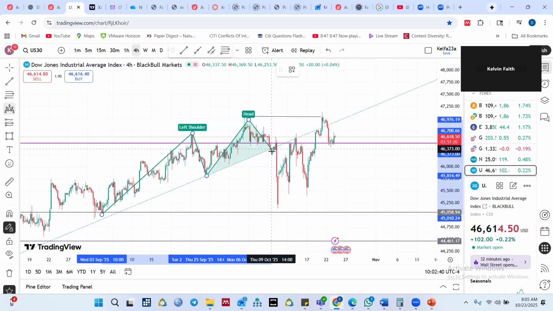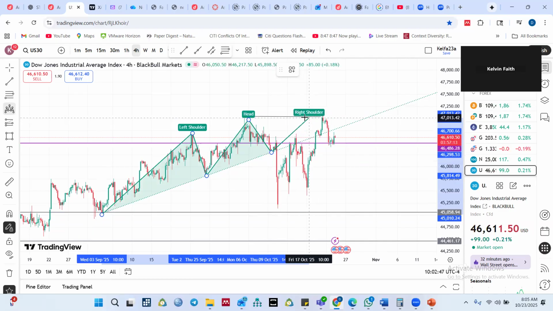And we have price dip into this place. And this is like a head for me, and price should have made a left shoulder.